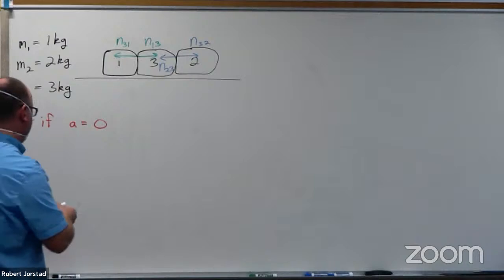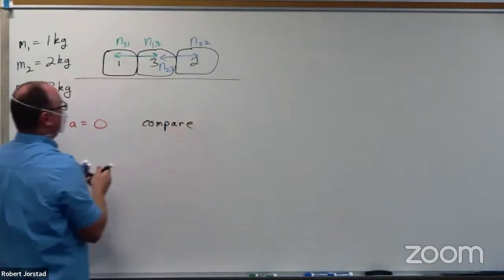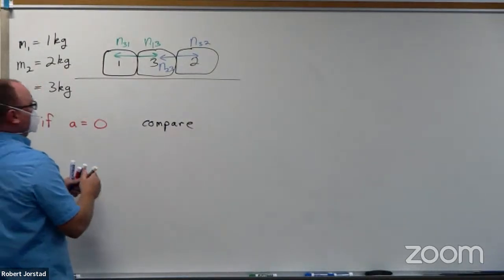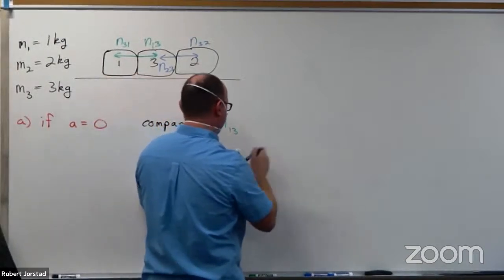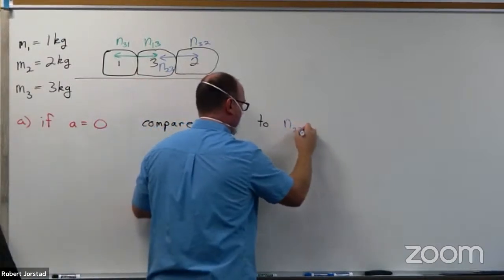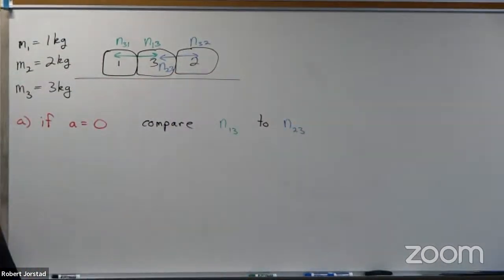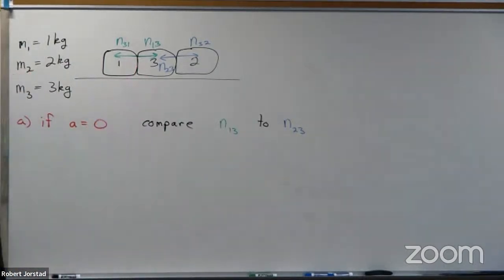We're comparing N1 on 3 and N2 on 3. So now we're comparing the two normal forces that are acting on block 3. If acceleration is 0, which one of those is bigger? Should be the same. They should be the same.